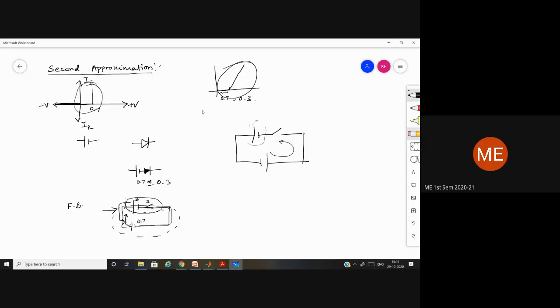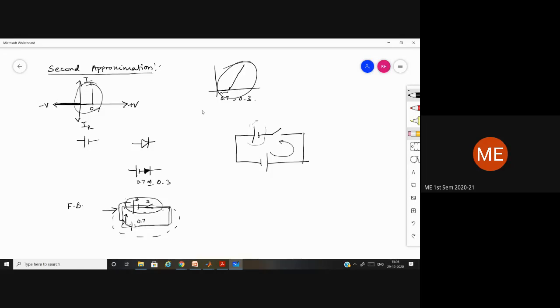Now I'll just summarize the second approximation. In the second approximation, what they told was that the battery is opposing the current from the supply until 0.7 or 0.3 volt. The diode is going to oppose the voltage of the battery until the battery voltage becomes greater than 0.7 or 0.3.